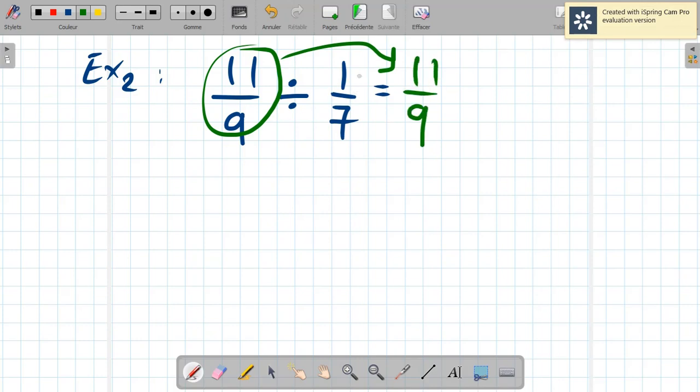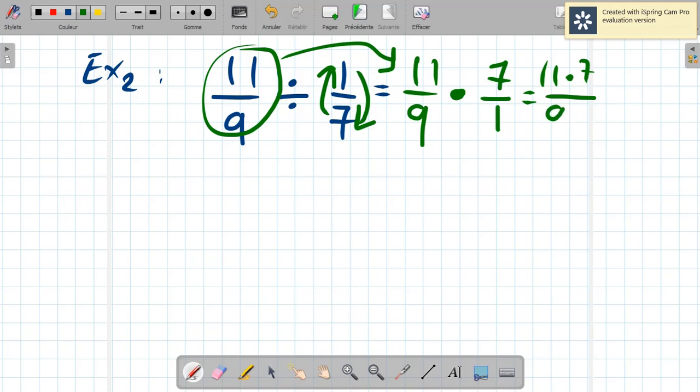You take the second rational number and flip it like this. You flip between the numerator and denominator, you exchange places. So 1 over 7 becomes 7 over 1, or 7. So you multiply 11 by 7, and you multiply 9 by 1. You get 11 times 7 is 77, and 9 times 1 is equal to 9.